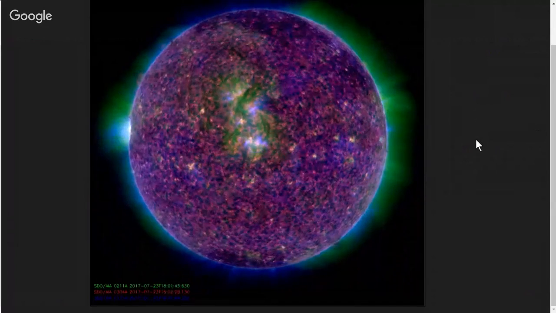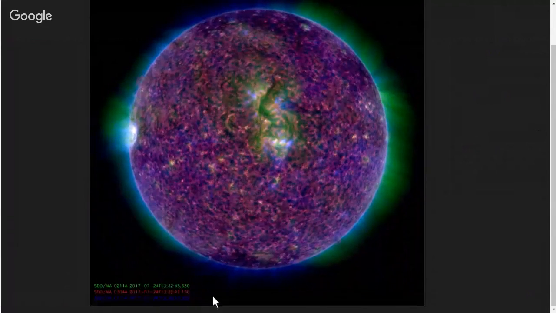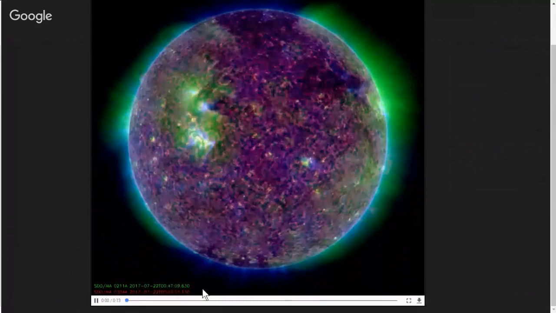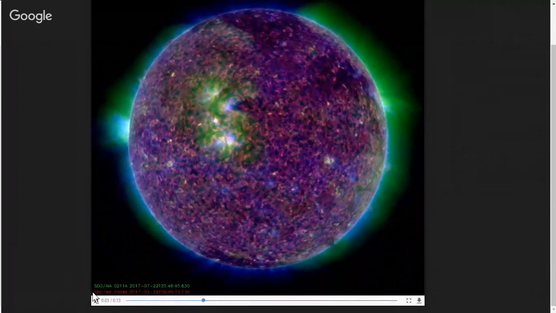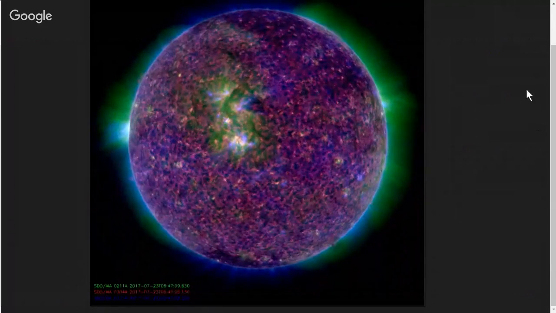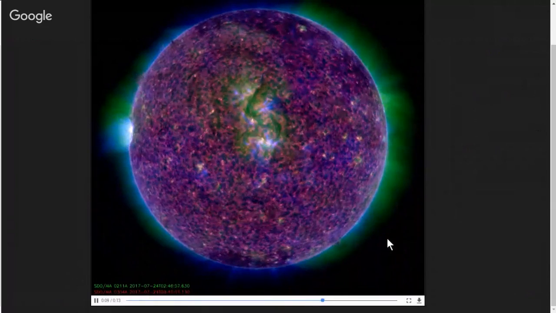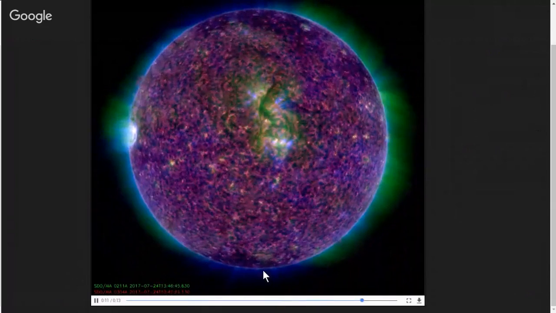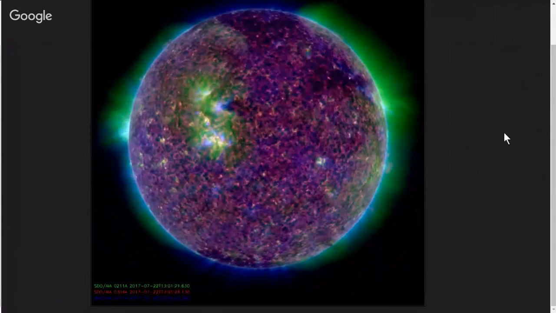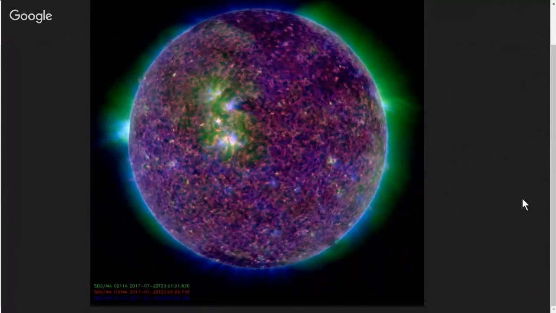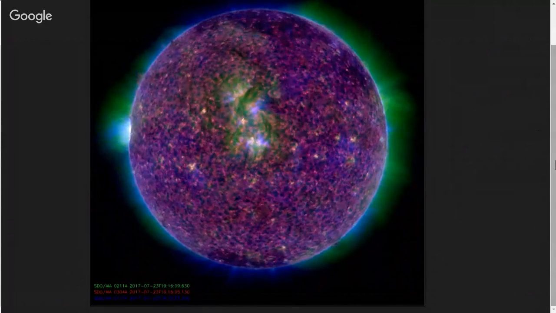If you look down below in the lower left-hand corner, you're going to see a bunch of numbers ticking by, and you're going to see three colors: green, red, and purple. Those are the different angstroms, as they call it. Doctor, are you able to explain that to everybody? Yes, what the SDO sees is three different ultraviolet wavelengths. The purple is the 211.